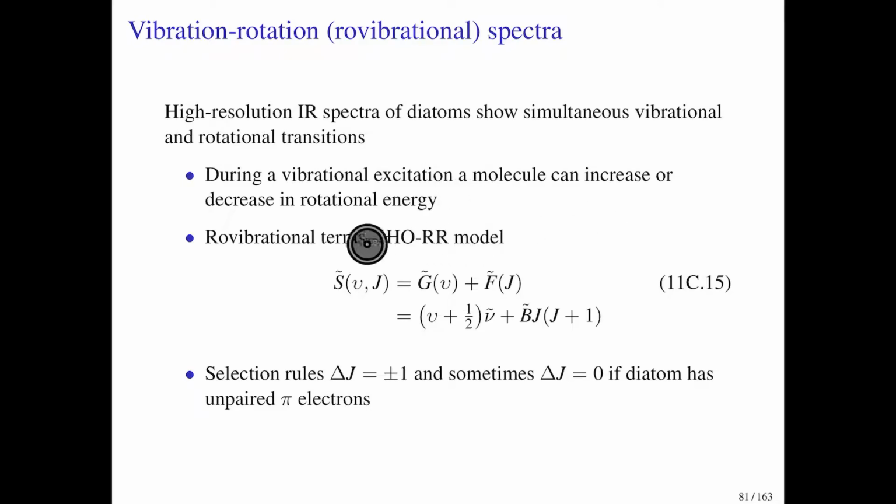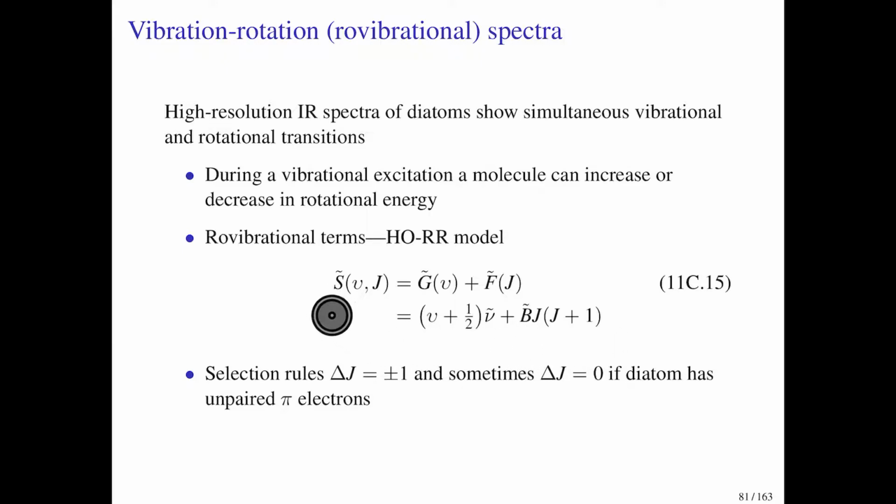We're going to have a term for our rovibrational spectroscopy that is the combination of the harmonic oscillator term, G, and the rigid rotor term, F, that we looked at in the previous video. We're just adding them together.